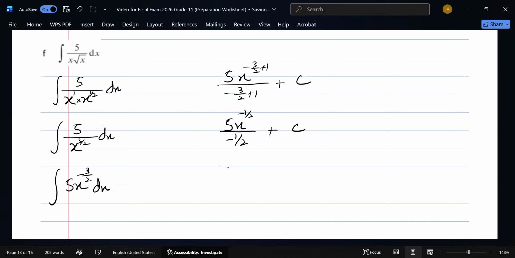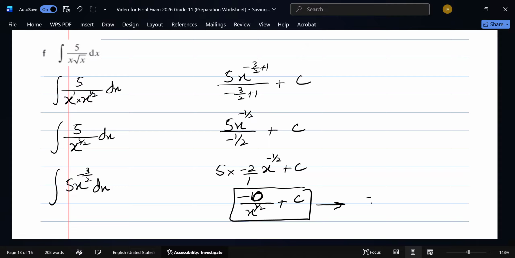So 5 multiplied by minus 2 upon 1 x power minus half plus c. It's going to be minus 10, and we bring down this x and it becomes plus half plus c. Although your answer is completed, it's better to write in the form of square root. That's going to be negative 10 square root x plus c.